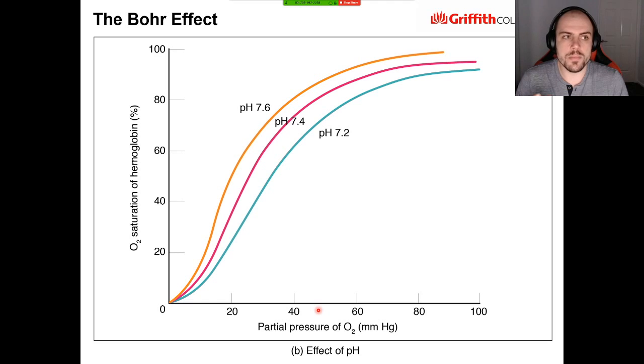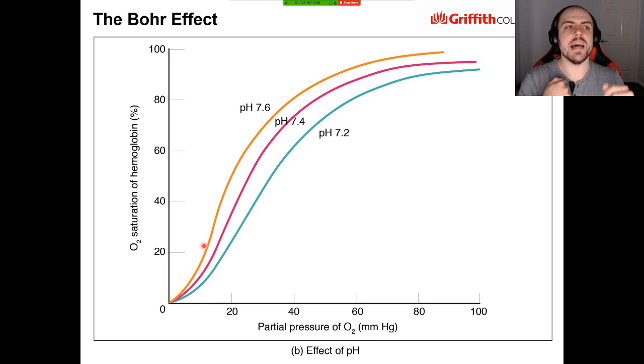Because of this. What the Bohr effect is showing us is that as the acidity goes up, as your tissue gets more acidic, the ability for hemoglobin to hold on to oxygen decreases.